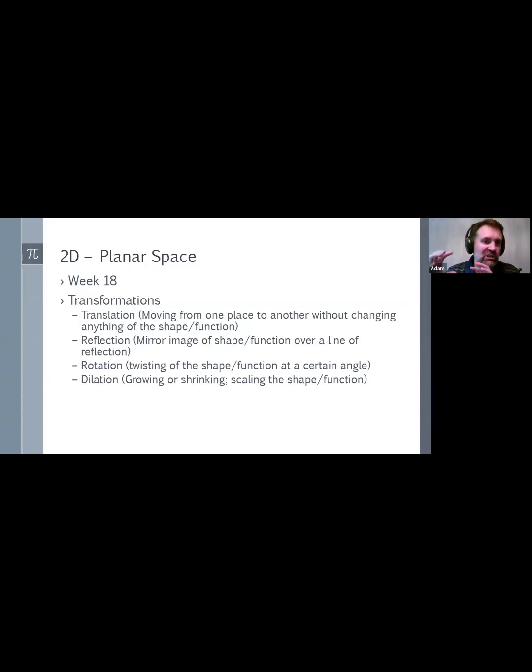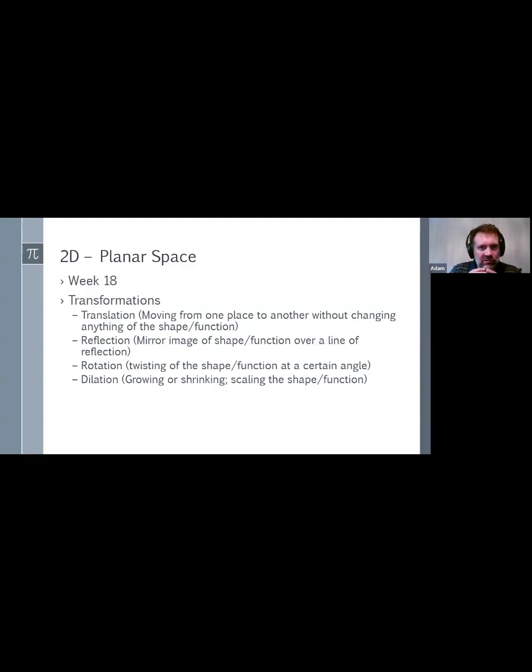Then you have reflection, where there's a line of reflection and you reflect it like a mirror onto the other side. Then you get rotation, which is a twisting, taking the shape and twisting it based on some angle, maybe 90 degrees, 180 degrees, counterclockwise or even clockwise, to be in a different spot.